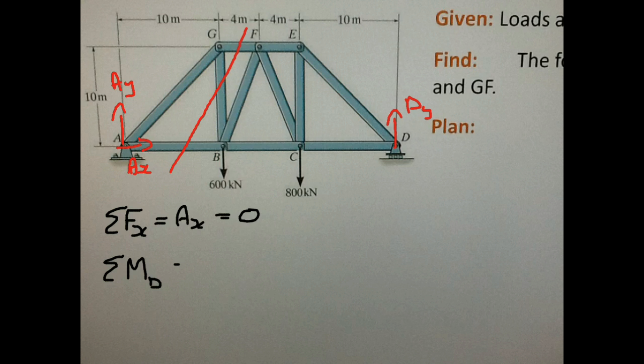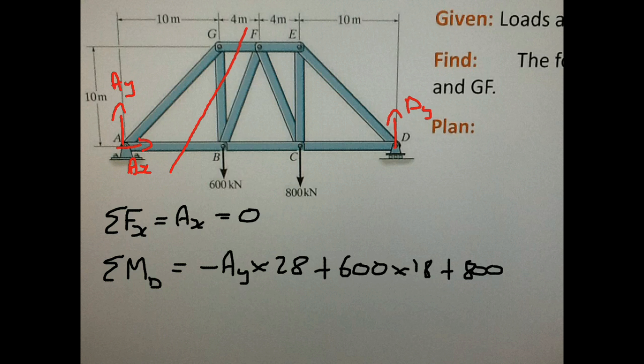Our moments about point D will find us AY. So that's going to equal minus AY times 28. It's a minus because it's going to try and turn it anti-clockwise about point D. 600 times 18, because the AY is turning it clockwise, the 600 kilonewtons is turning it anti-clockwise, so therefore it's positive.